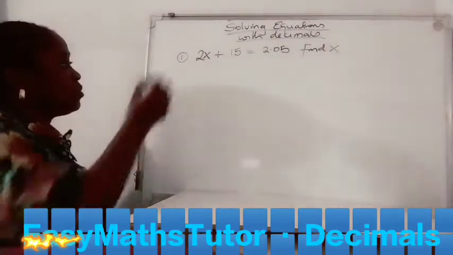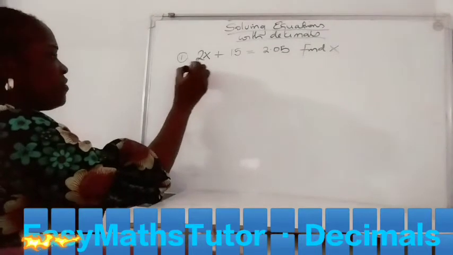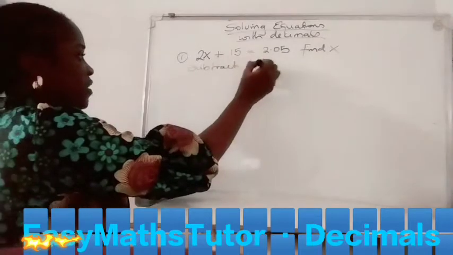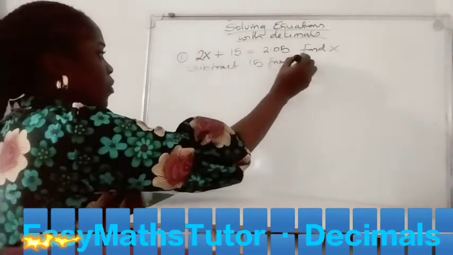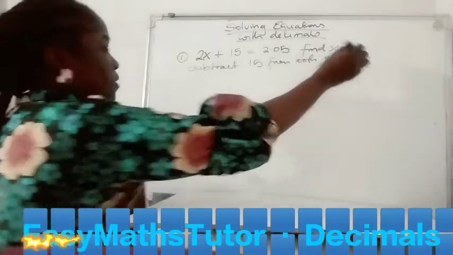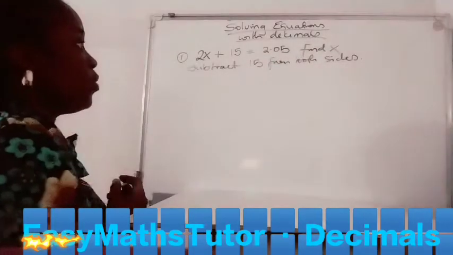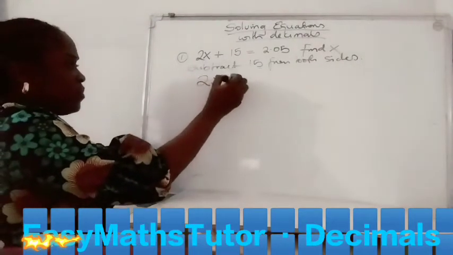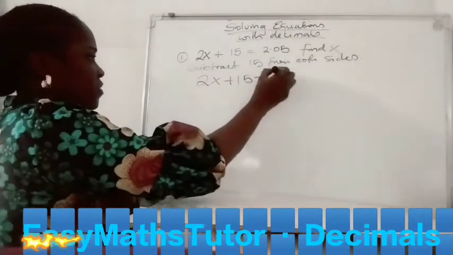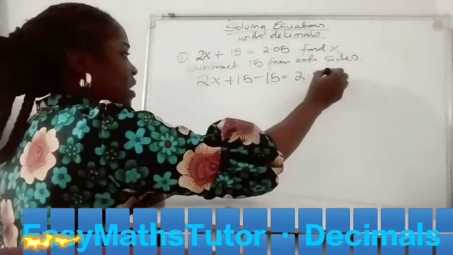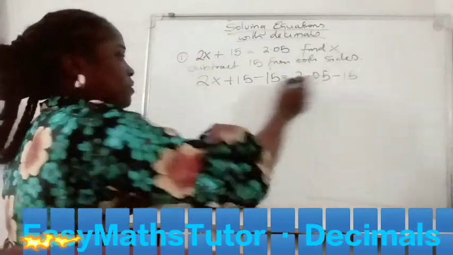So first of all, we'll subtract 15 from both sides. So we'll say 2x plus 15 minus 15 equal to 2.05 minus 15.